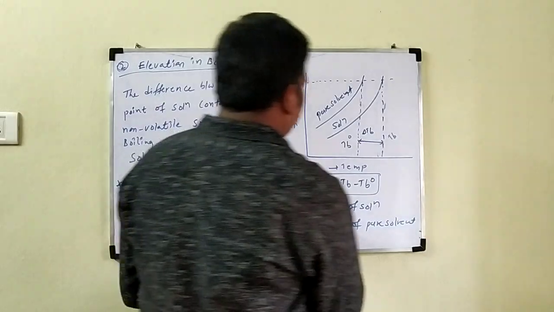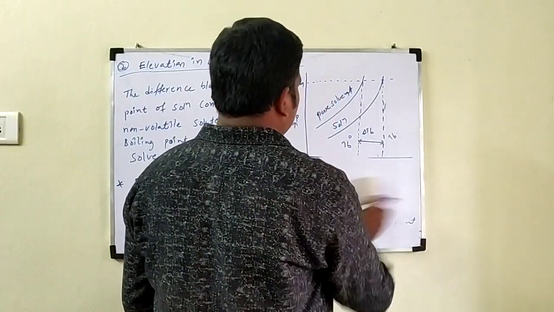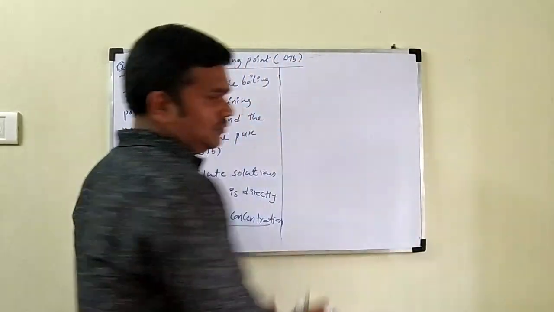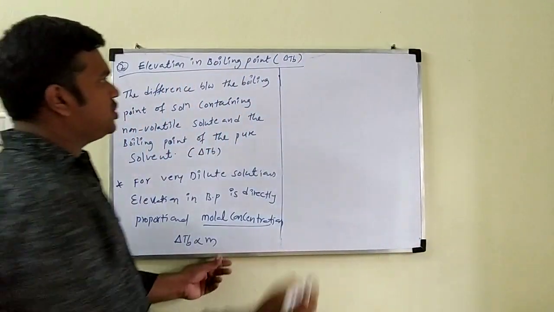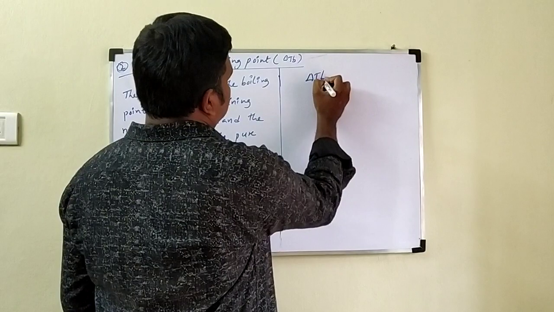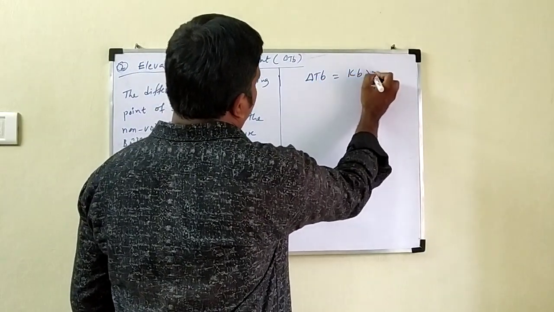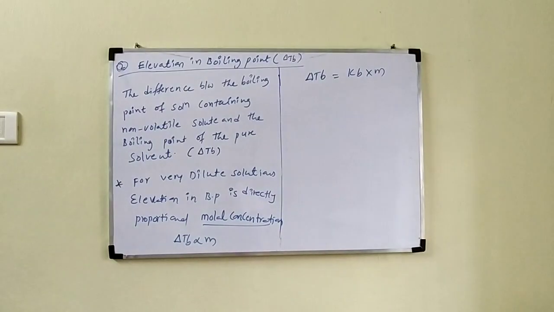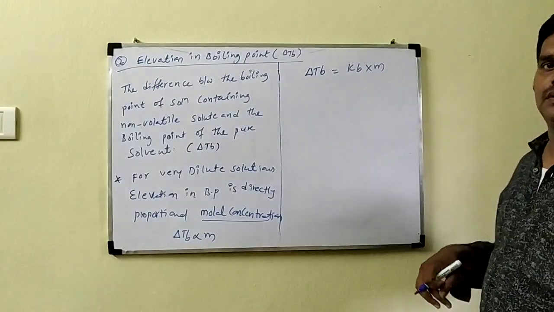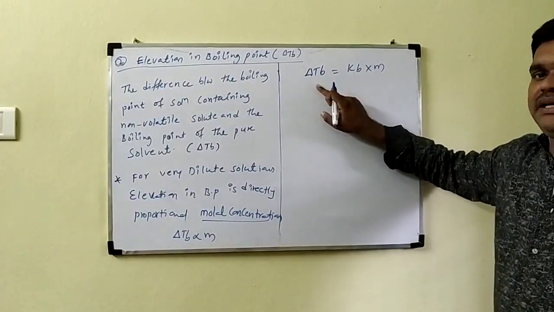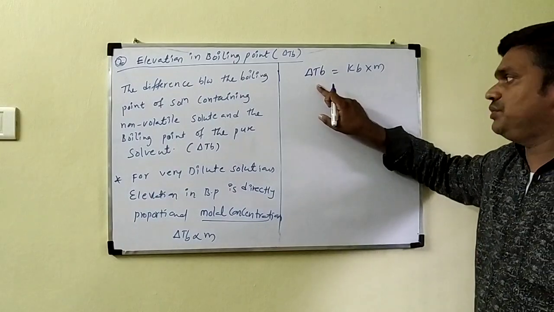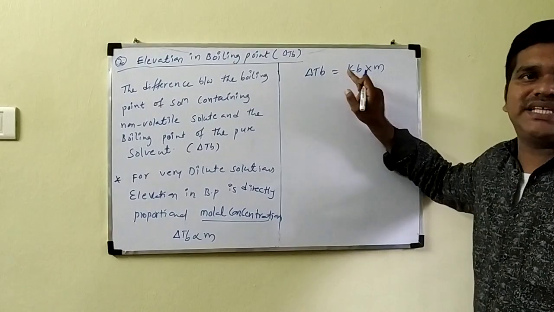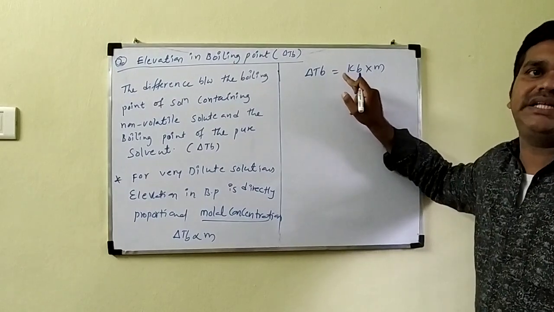So from this you are writing here delta TB is equal to KB into m. Now we can see delta TB is equal to KB into m. What is KB here? KB is a constant only. What is m here? Molality only.